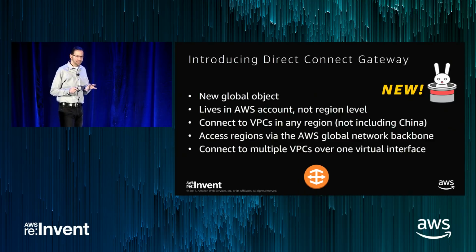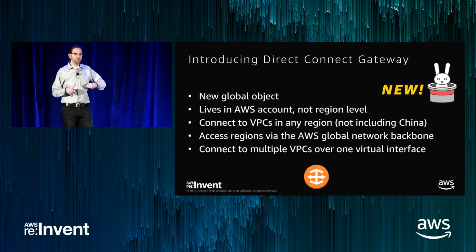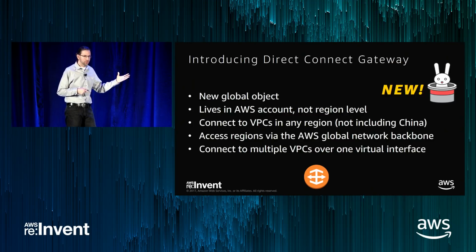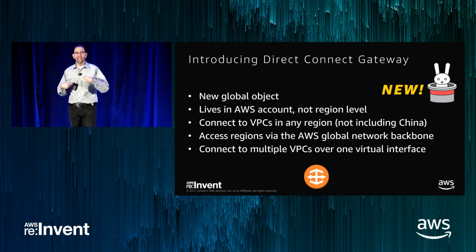Now, you can still leverage the connectivity pattern without Direct Connect Gateway, which will connect your routers directly into your VPCs. But with that pattern, there is a one-to-one relationship between the location and the region that has opened up in terms of VPCs. So with this new pattern, by leveraging Direct Connect Gateway, when you connect to a Direct Connect location, you're effectively connecting to the AWS backbone.